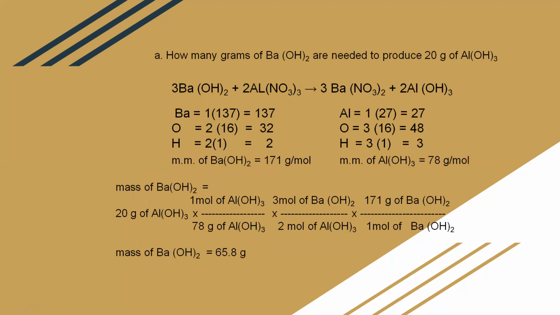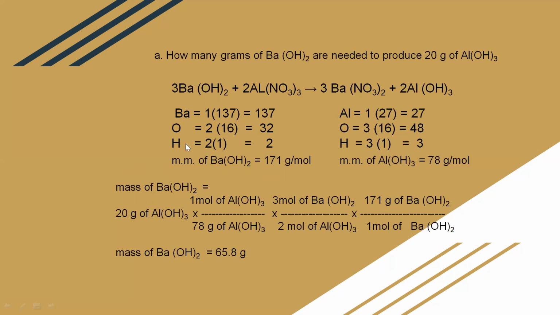For letter A, how many grams of barium hydroxide are needed to produce 20 grams of aluminum hydroxide? So here for barium, 1 barium is equal to 137. For the oxygen, we have 2 times 16, that would be 32.